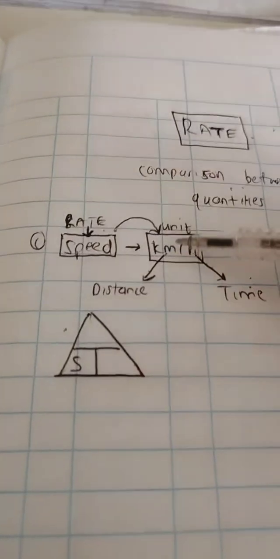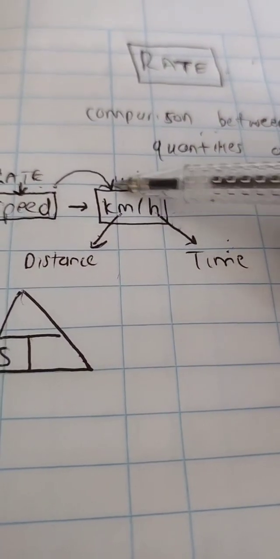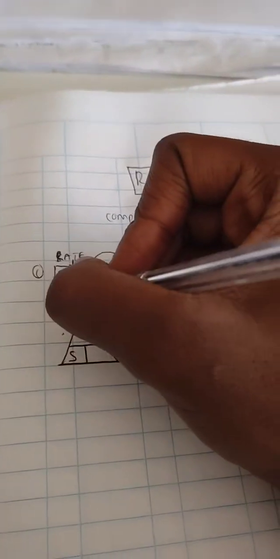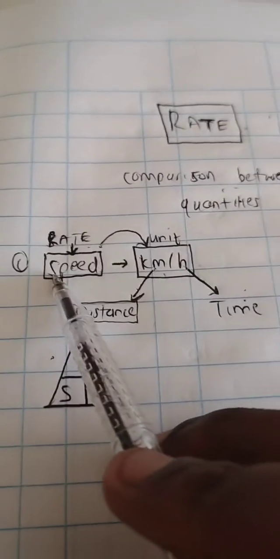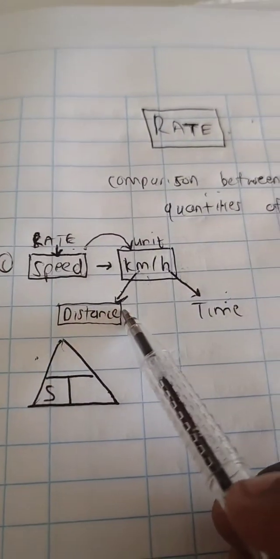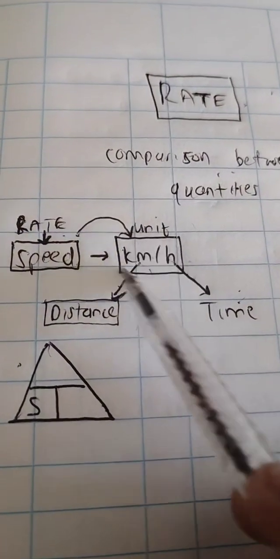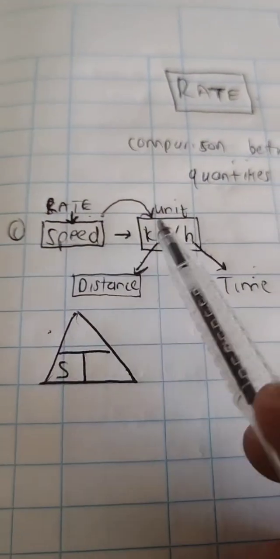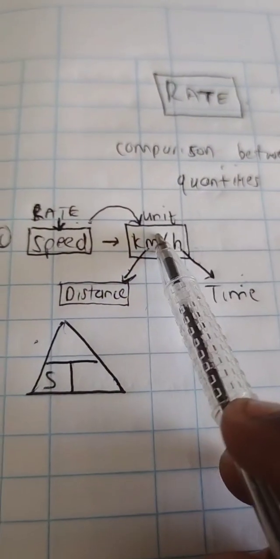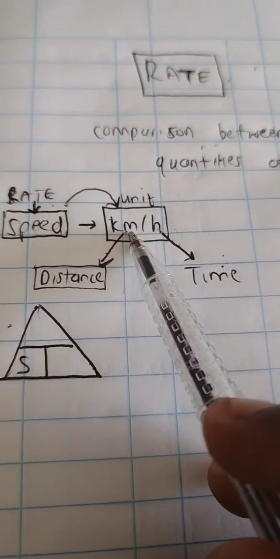Then listen up. This is kilometers per hour. Our first quantity is the quantity that appears first in the unit of the rate. So in our unit of speed, which is kilometers per hour, the quantity that appears first is kilometers.